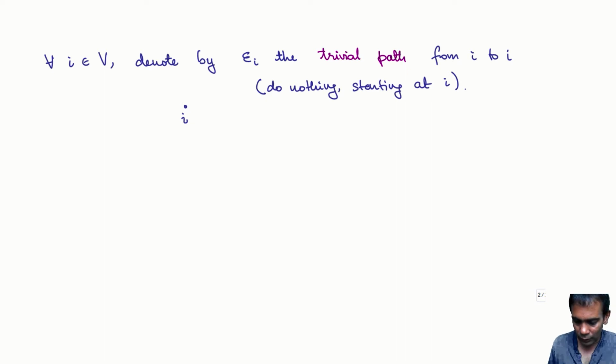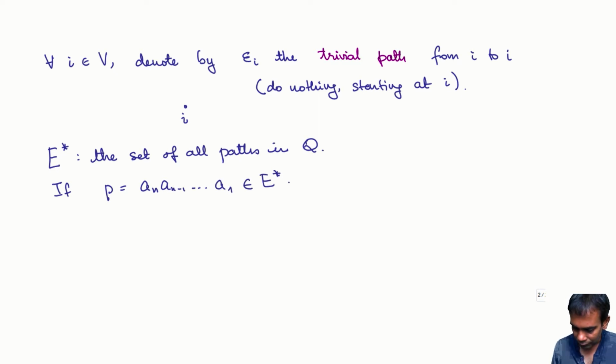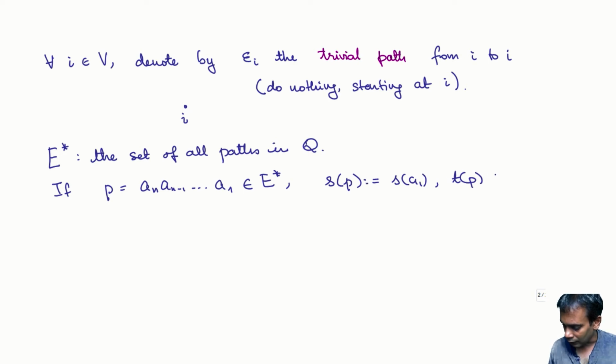And so E star is the set of all paths in Q. If P equals a_n ... a_1 is in E star, we write the source of P to be the source of a_1 and the target of P to be the target of a_n.